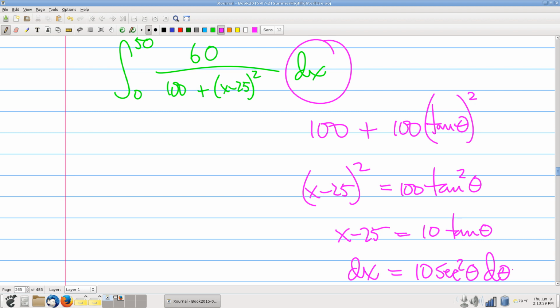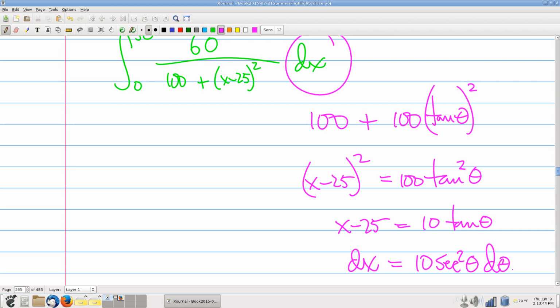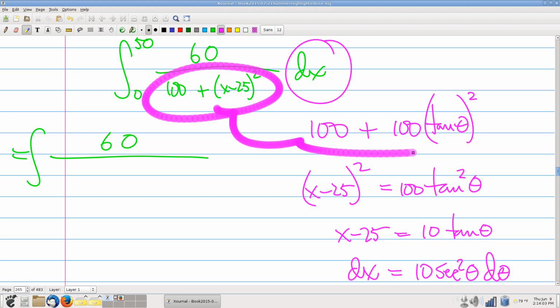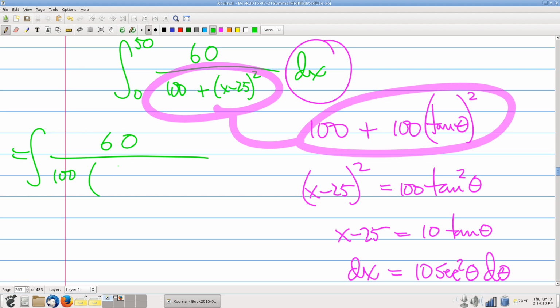Does all this look kind of vaguely familiar? Did they do this? Yeah. Okay. So I'm going to make this substitution, and having done so, my integral turns into, well, 60 is still the numerator. In the denominator, the whole point of this substitution was so that this would turn into that, so that I could rewrite it as 100 times 1 plus tan squared.